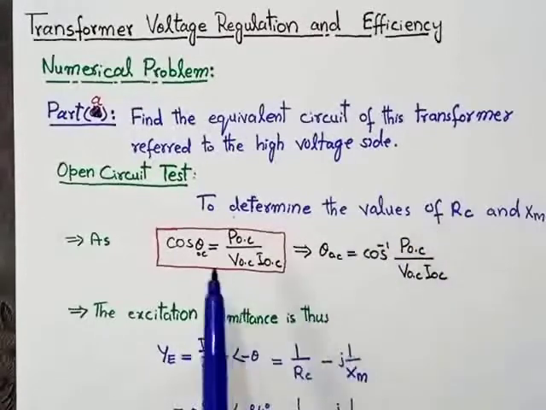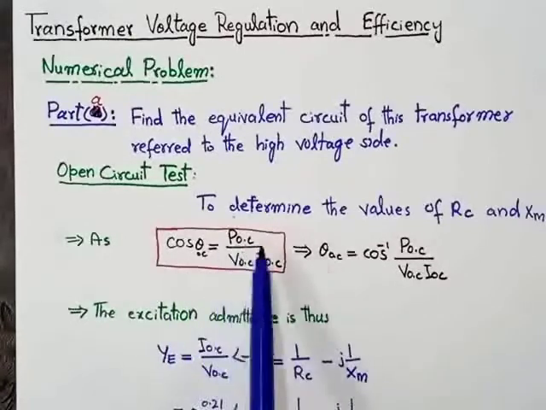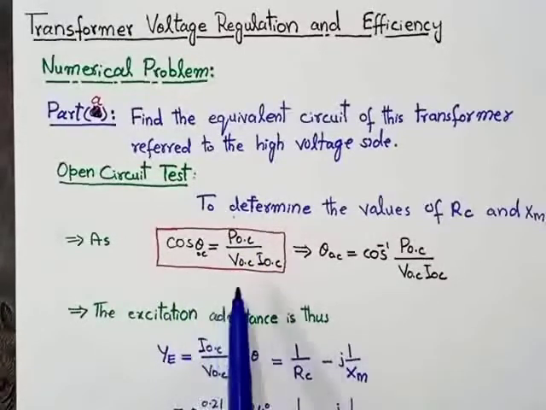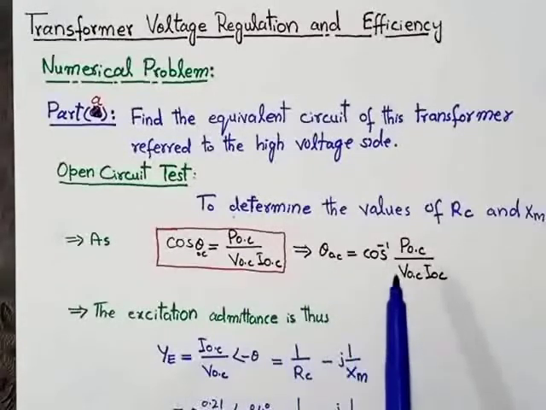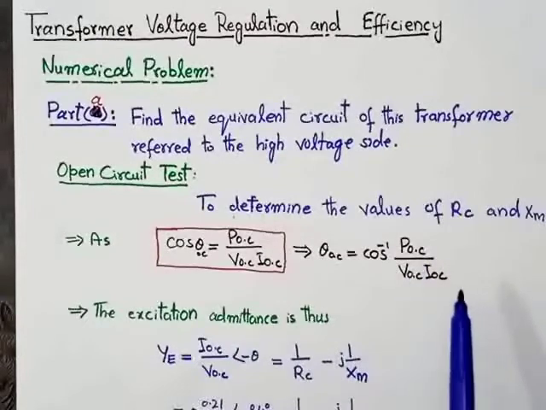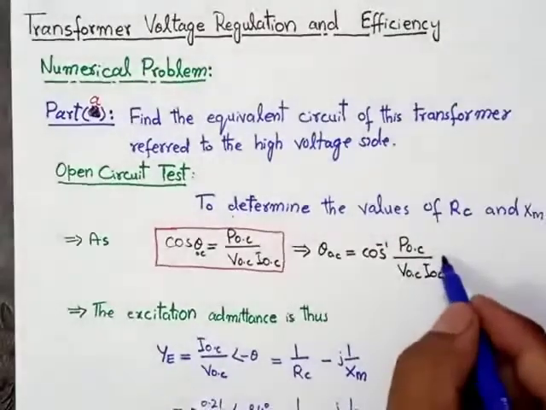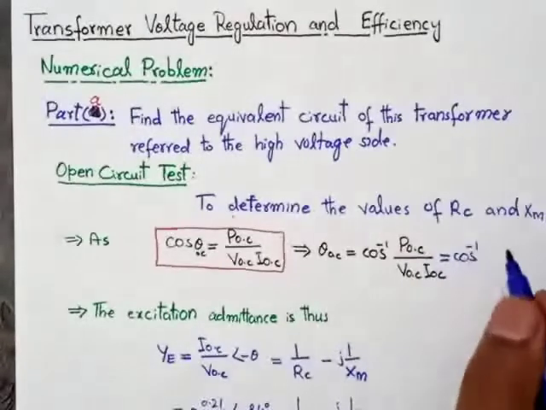As we know, cos theta in open circuit is equal to power open circuit divided by voltage open circuit into current open circuit, and the theta will be equal to cos inverse P over V into I. Putting the value of P, V and I in this equation, we will get the value.